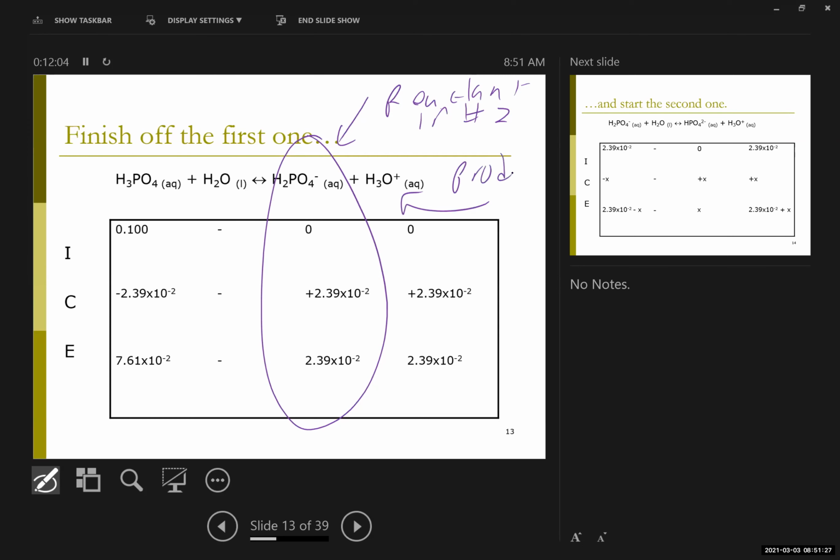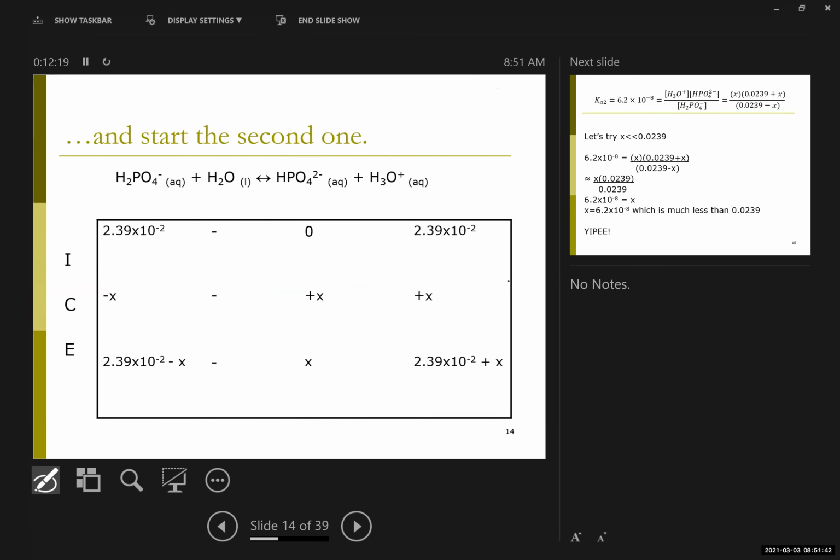And since I'm treating it as though this reaction has happened and is over, what I end up with here is what I start with here. My initial concentration of dihydrogen phosphate is the equilibrium concentration from the first reaction, and my initial amount of hydronium is again the equilibrium amount of hydronium from the first reaction.